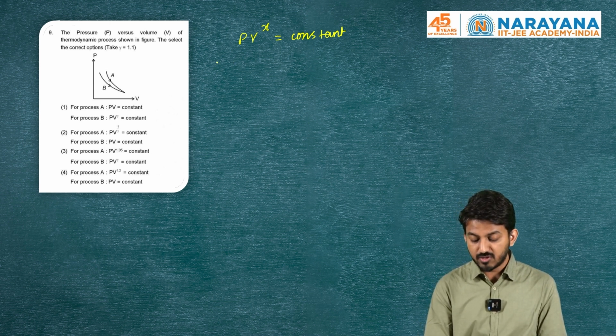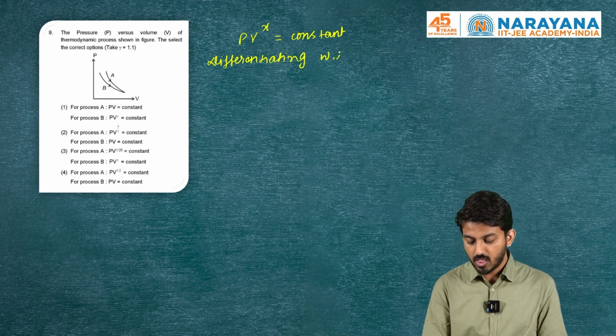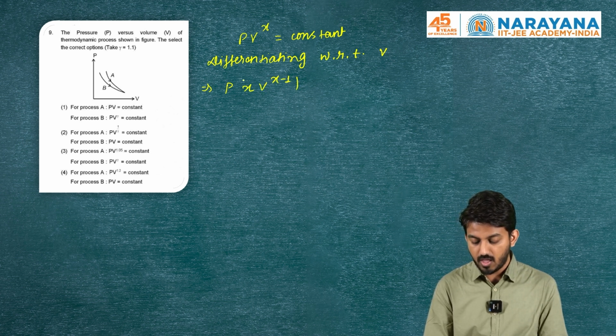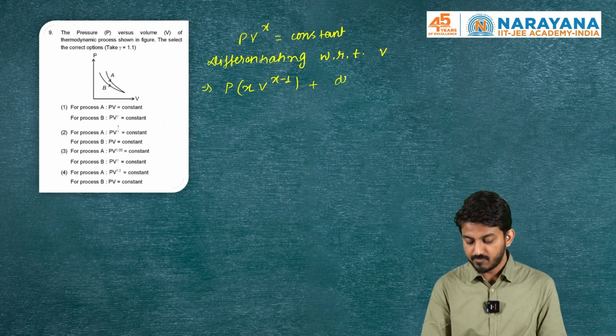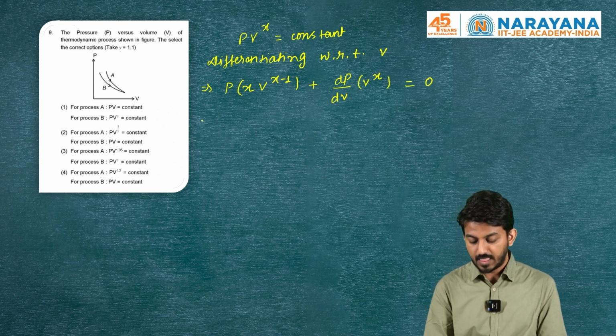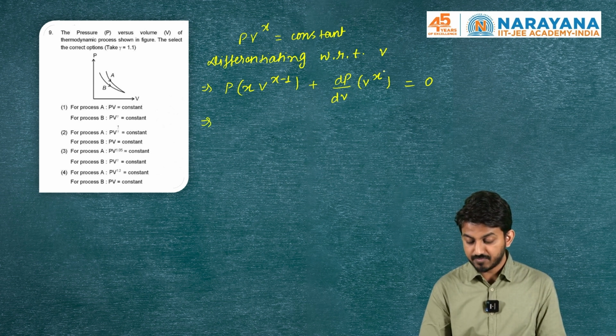Now, if we differentiate this with respect to V, volume, I'll get P V raised to power x minus 1 plus dp by dv, applying chain rule here, is equal to 0. Now from this I can cancel this v raised to power x and this 1v will be left there.